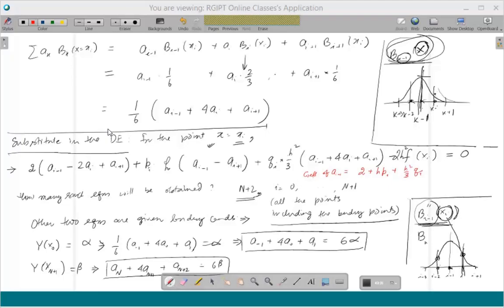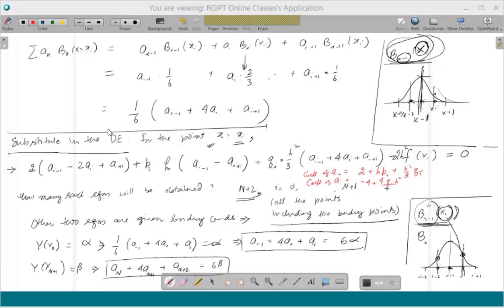Similarly, the coefficient of a_i will be equal to minus 4 plus 4 q_i h square by 3.